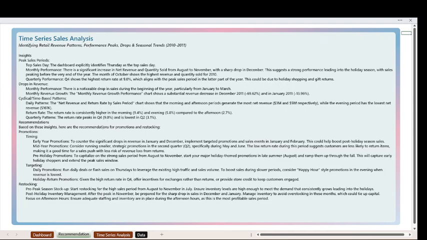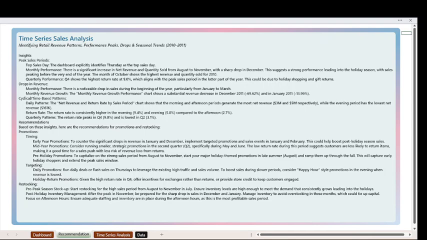Mid-year promotion should also be done, but on a smaller scale in the second quarter, specifically during May and June, since the second quarter has the lowest return rate, so customers are less likely to return items. Then pre-holiday season promotions should also be done, to capitalize on the strong sales period from August to November. It will also capture early holiday shoppers and extend the peak sales window.